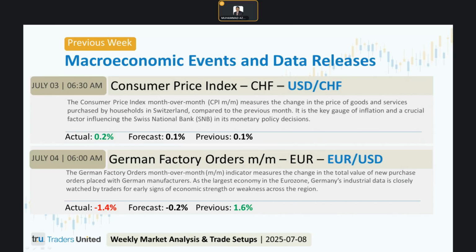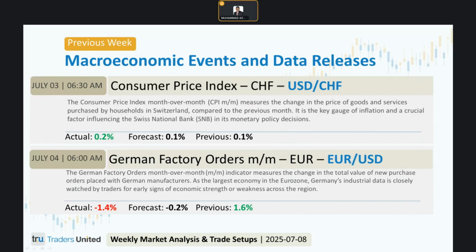The German factory orders month-over-month indicator measures the change in the total value of new purchase orders placed with German manufacturers. As Germany is the largest economy in the Eurozone, its industrial performance serves as a key barometer for broader regional growth.